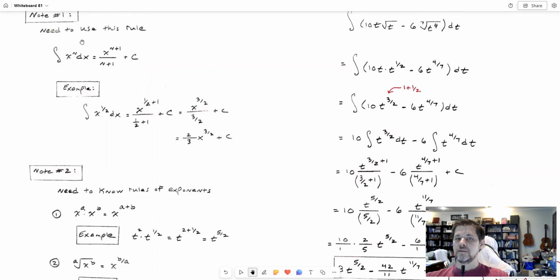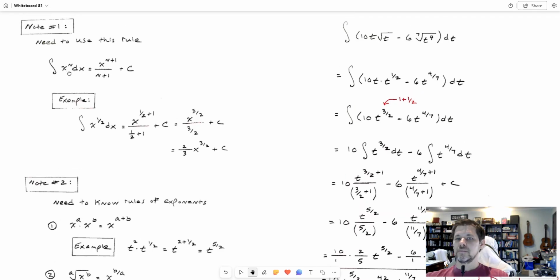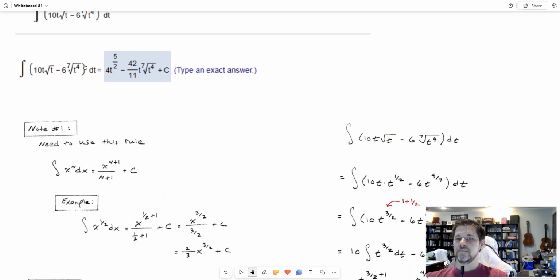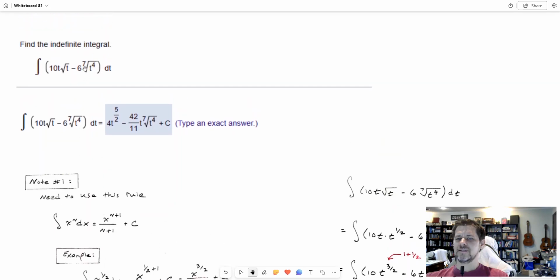See how this rule right here that I ultimately need to use requires there be a power? It says x to the n power. But I noticed that in my question, this thing I'm given is the 7th root of t to the 4th power. So, this rule does not directly apply to that. I need to see that I have t to a power.